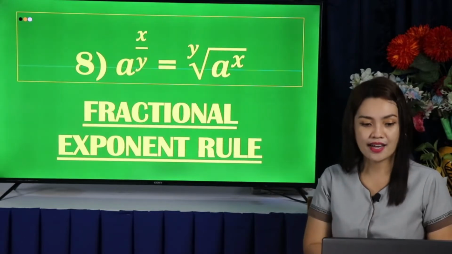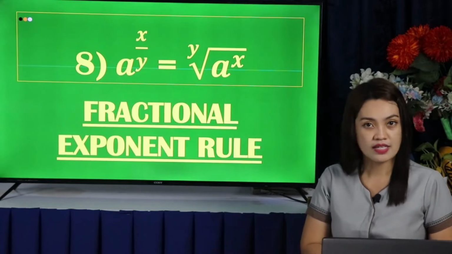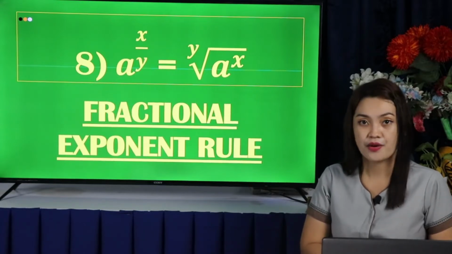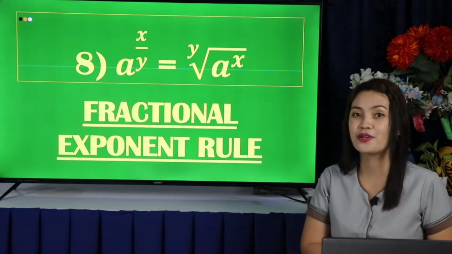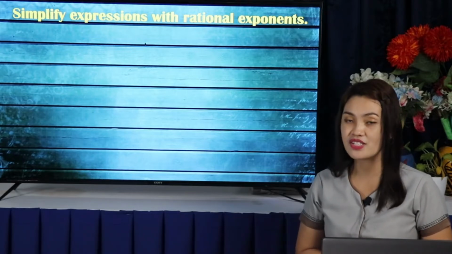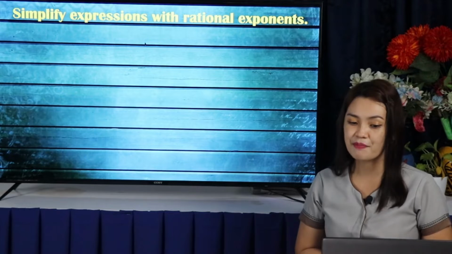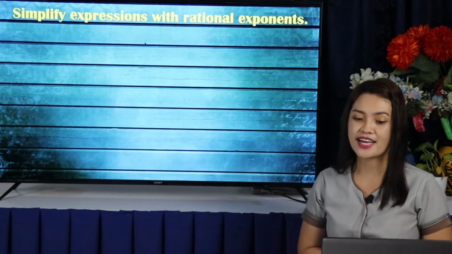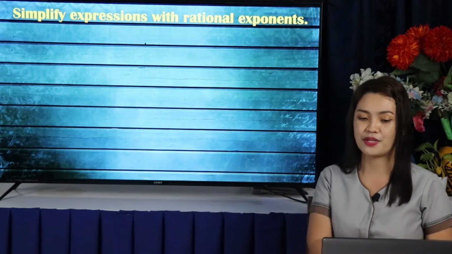And a raised to the power of x over y equals the yth root of a raised to x shows a fractional exponent rule. Since we have recalled the rules or laws of exponents for integral exponents, we can apply these laws in simplifying expressions with rational exponents or fractional exponents.